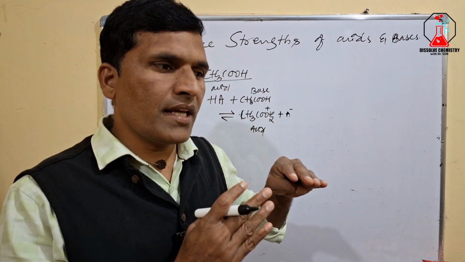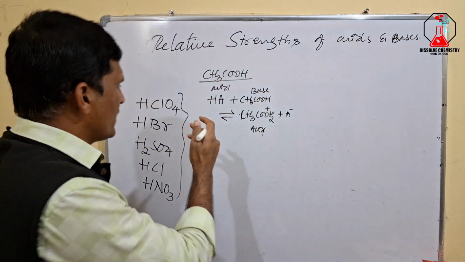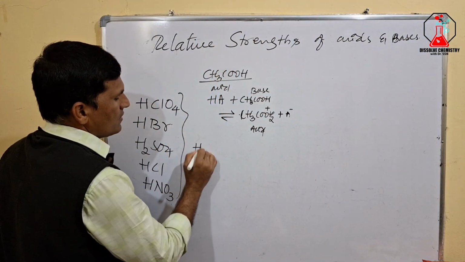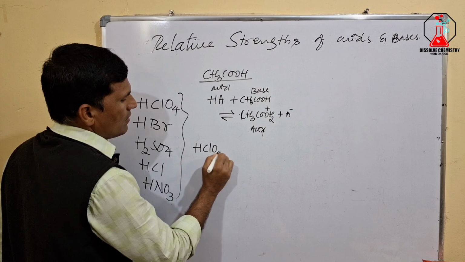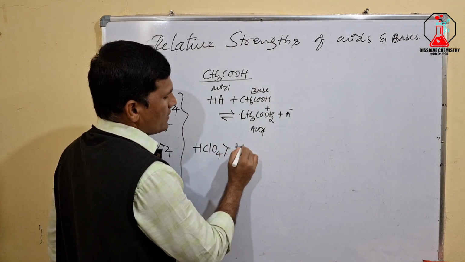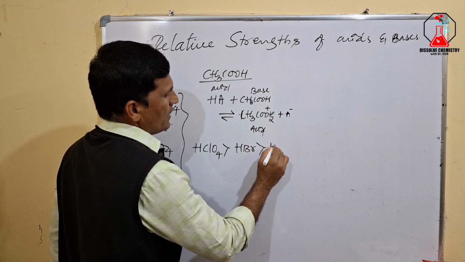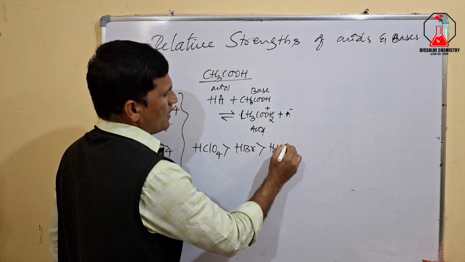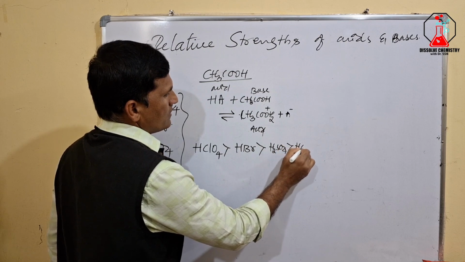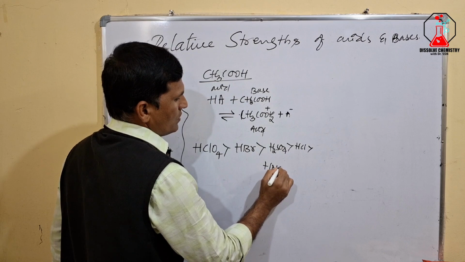It means perchloric acid is ionizing to the greatest extent, and we can compare the strengths of these acids: perchloric acid is a stronger acid than hydrobromic acid, which is stronger than H2SO4. H2SO4 is stronger than HCl. HCl is stronger than HNO3.